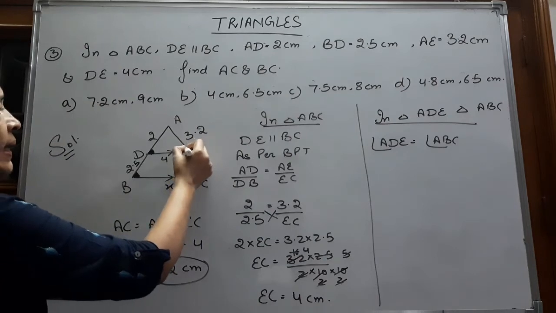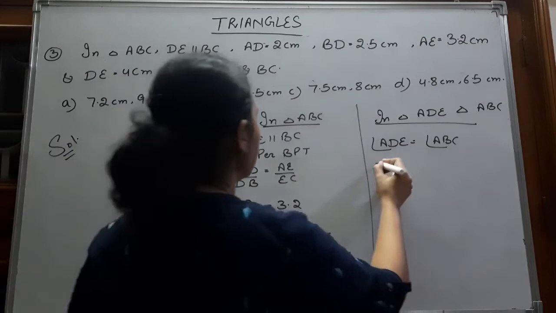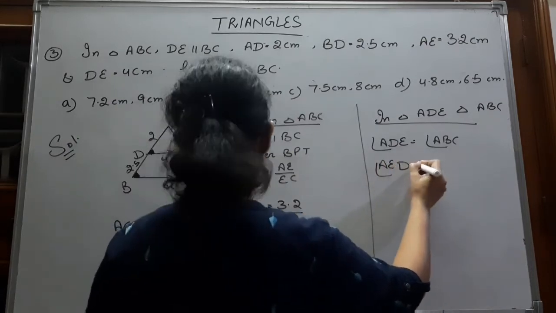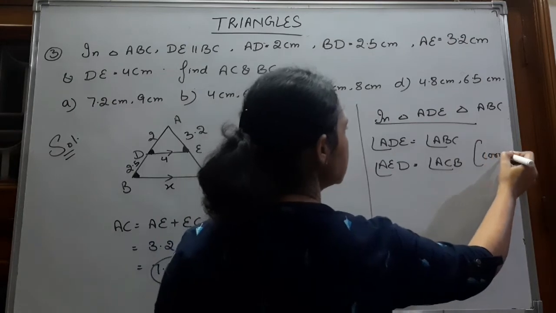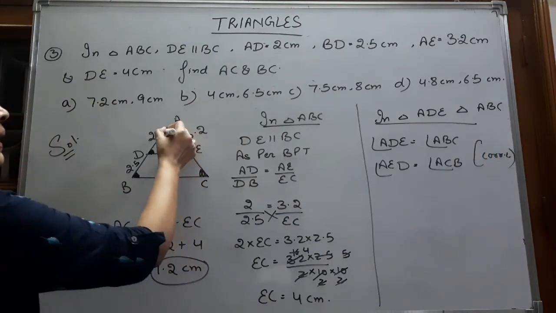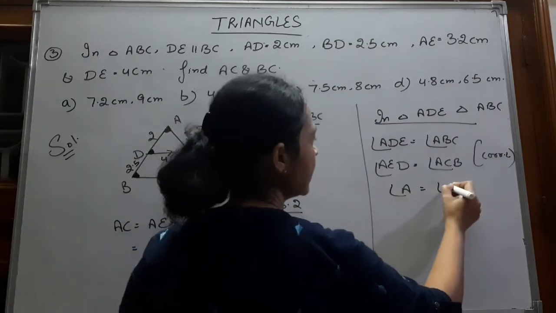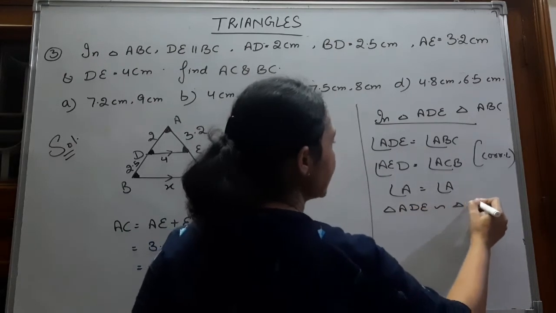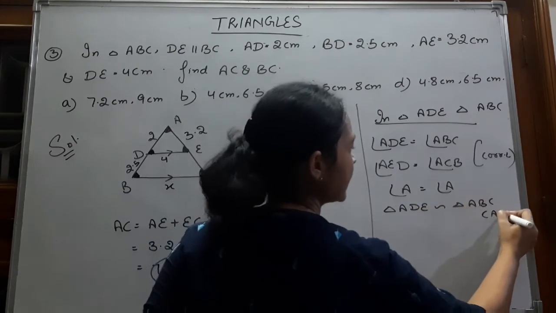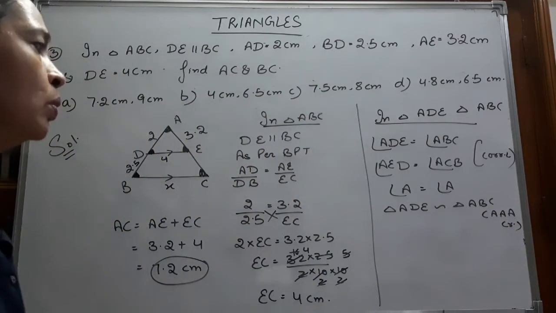Similarly, angle AED equals angle ACB. Both are corresponding angles. And angle A is common in both triangles. Angle A equals angle A. So, triangle ADE is similar to triangle ABC by AAA criteria. We can do this by AA criteria also.